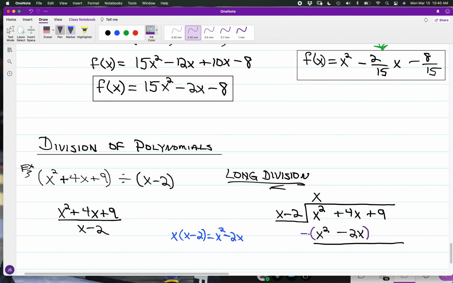So if I distribute subtraction, x squared minus x squared is going to go out. Now I have 4x minus negative 2x, so this will be 4x plus 2x, which is 6x, and then we can bring down the positive 9.